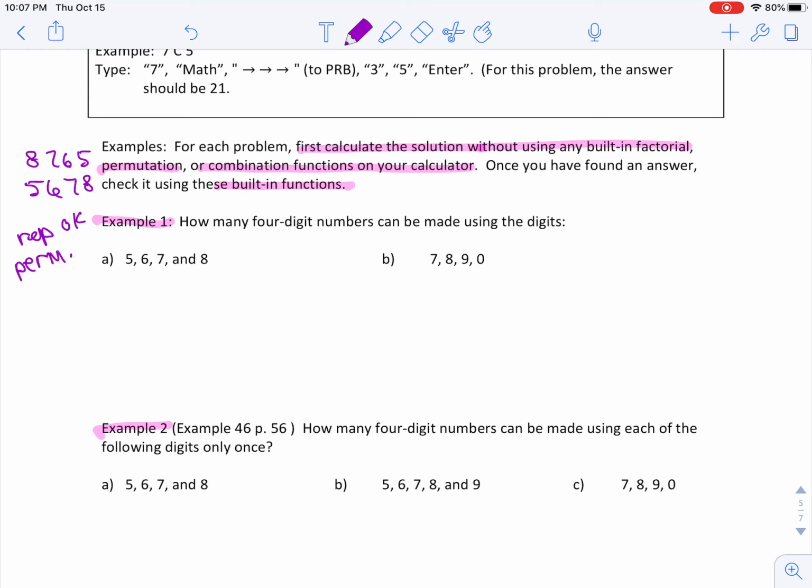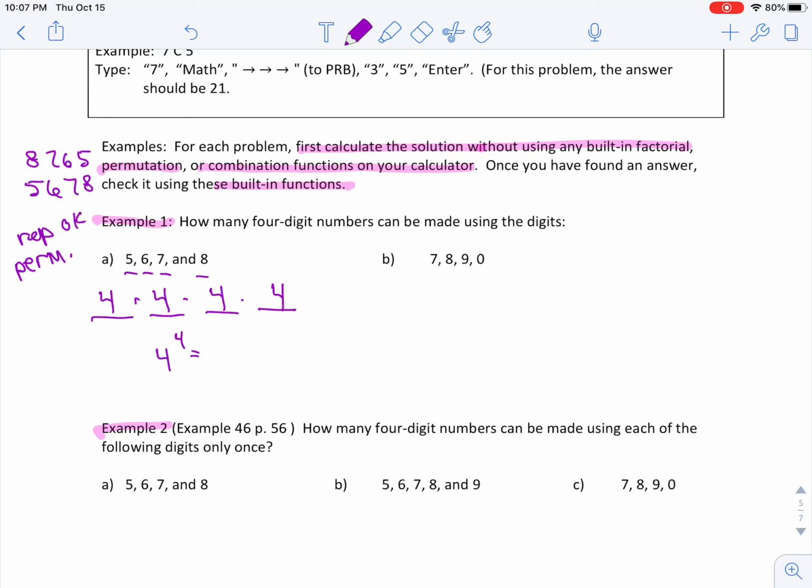So for the first one, we have 4 digits, and we want to make a 4-digit number. For the first slot, there are 4 choices. Second slot, there are still 4 choices because I can repeat. Third slot, still 4 choices. Fourth slot, still 4 choices.